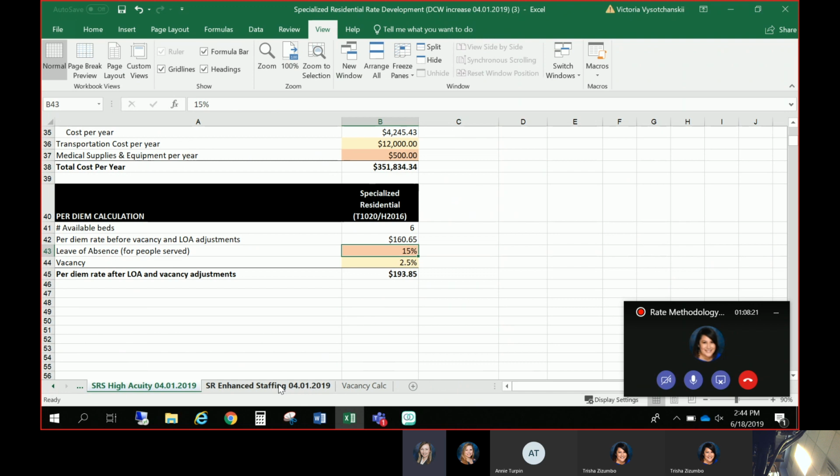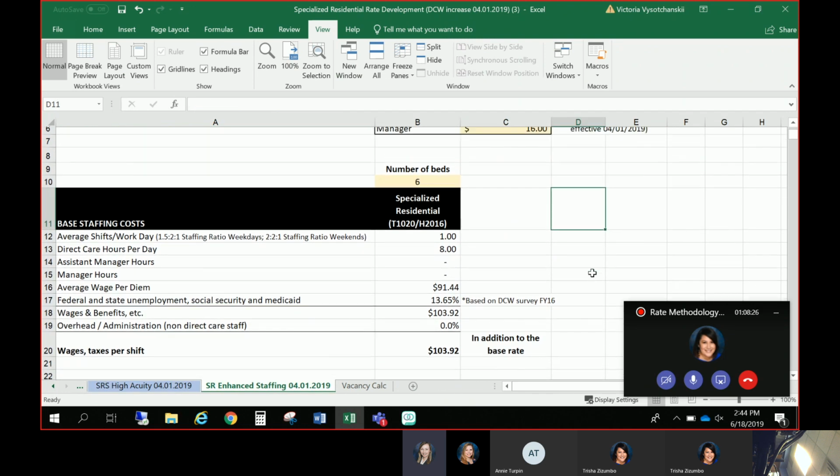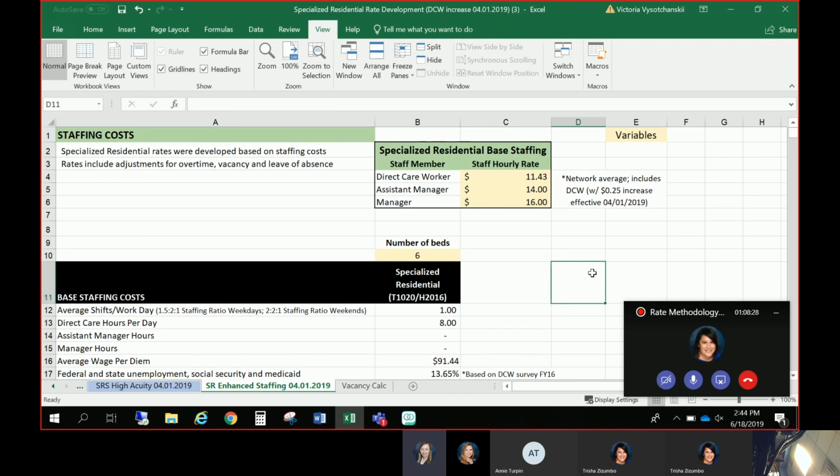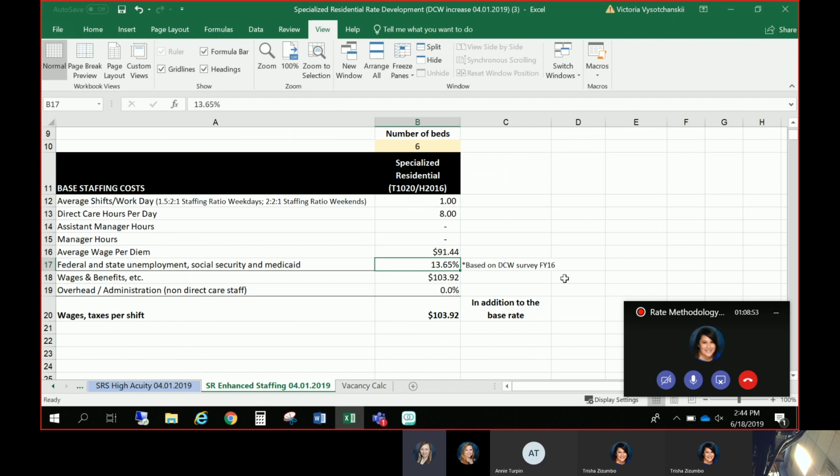Moving on, what I will present is the enhanced staffing. So this would be an individual that requires one-to-one staffing. From what I understand, there's a process that must be followed for somebody to qualify for enhanced staffing. But the way this will work is we were looking at one additional shift per day, included federal and state unemployment, Social Security, and Medicaid at 13.65%.